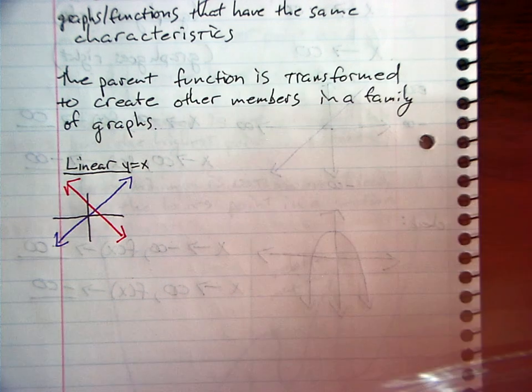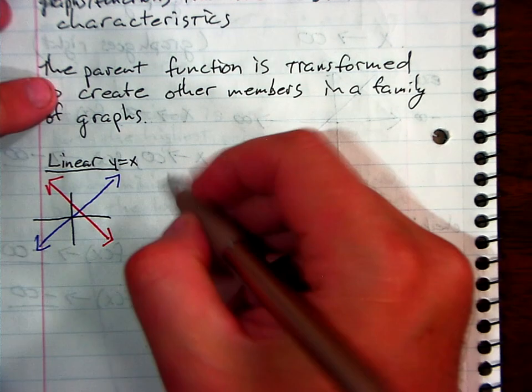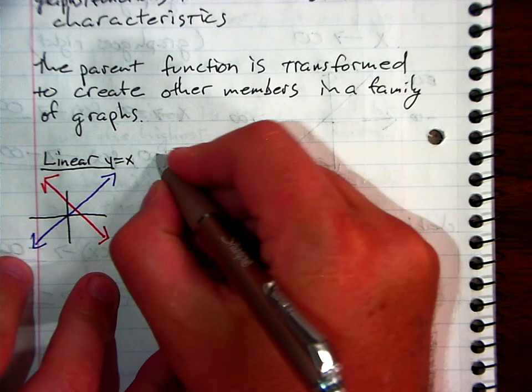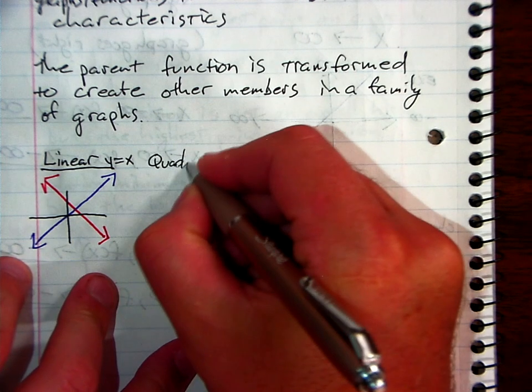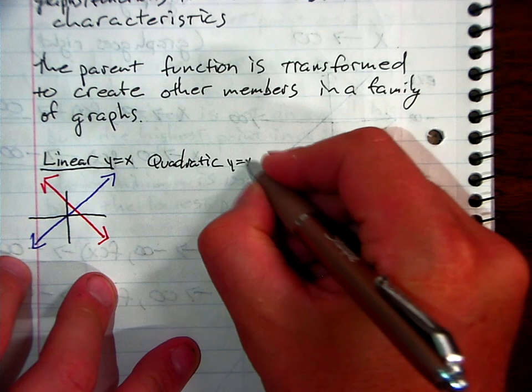Another type of graph I can have would be quadratic. So next is quadratic, which is y equals x squared.